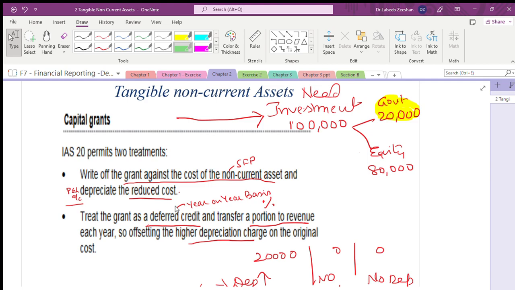These two conditions are the treatments. These are the things with which we have to make the treatments. Now based on this we have to solve that question. Is it right? Based on this.